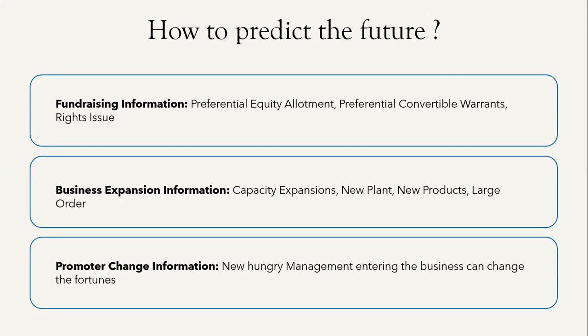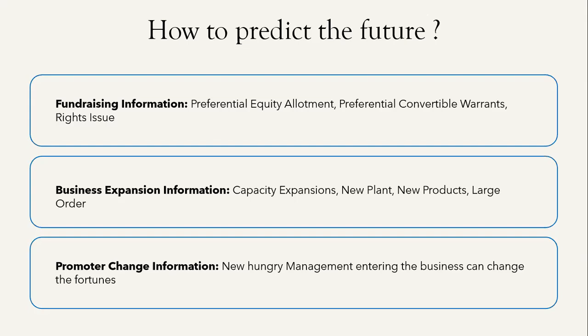So let me tell you what different kinds of information are. The first kind of information is fundraising information. Any listed company can raise funding through preferential equity allotment. What is preferential equity allotment?